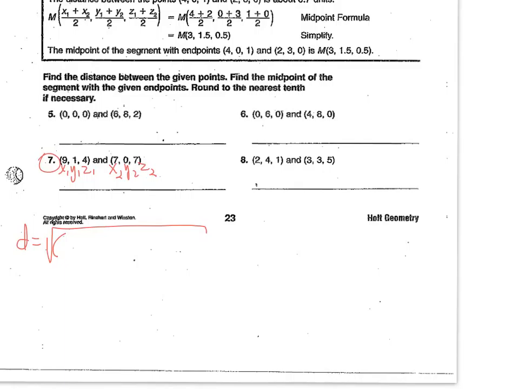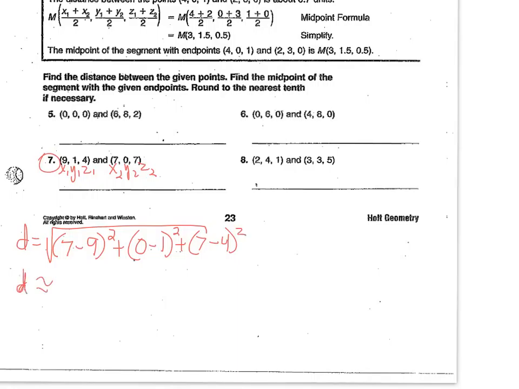So it's x2, which is 7 minus 9, and then quantity squared. Now y2, 0 minus y1, which is 1, quantity squared. And then z2, which is 7 minus 4, quantity squared. And then just put that in the calculator, and that would be the answer.